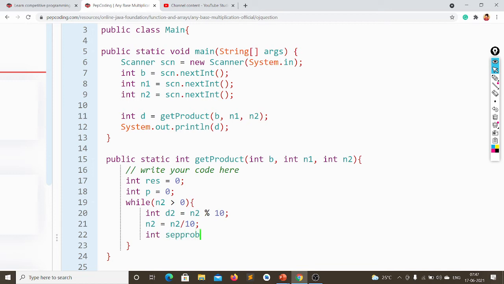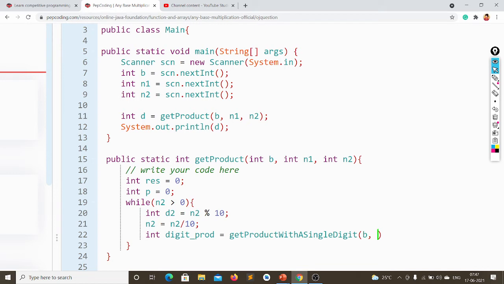Let's take a separate product, like digit-wise product. Let's take digitProduct, and in that I'm passing some function like getProductWithASingleDigit.